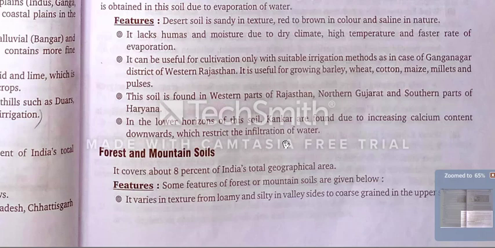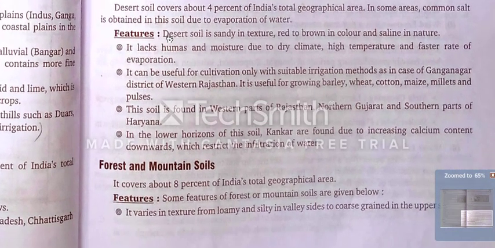Infiltration means, you can write its synonyms. First, restrict. Restrict means stop. Stop the infiltration of water. Infiltration means पानी का अंदर घुसना, नीचे downwards में अंदर जाना. So it stops the water from going downwards. Clear? Next, we completed desert and arid soil.